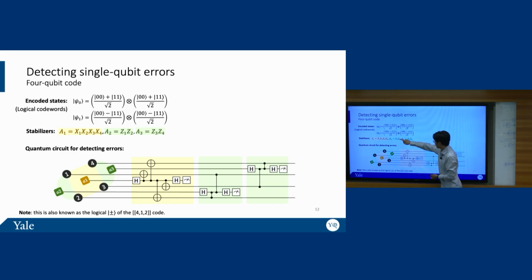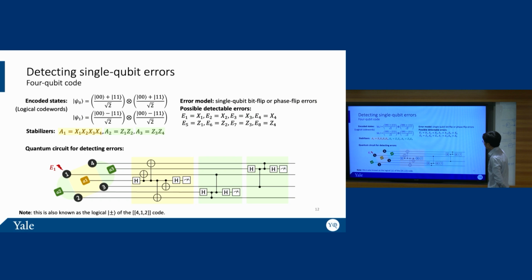Similarly, for the checks for the Z stabilizer, you have the ancilla setup and entangle it by control Z. This is a shorthand notation for the control Z operation acting on the corresponding qubits. And then you do those 3 checks, given by the 3 stabilizers.